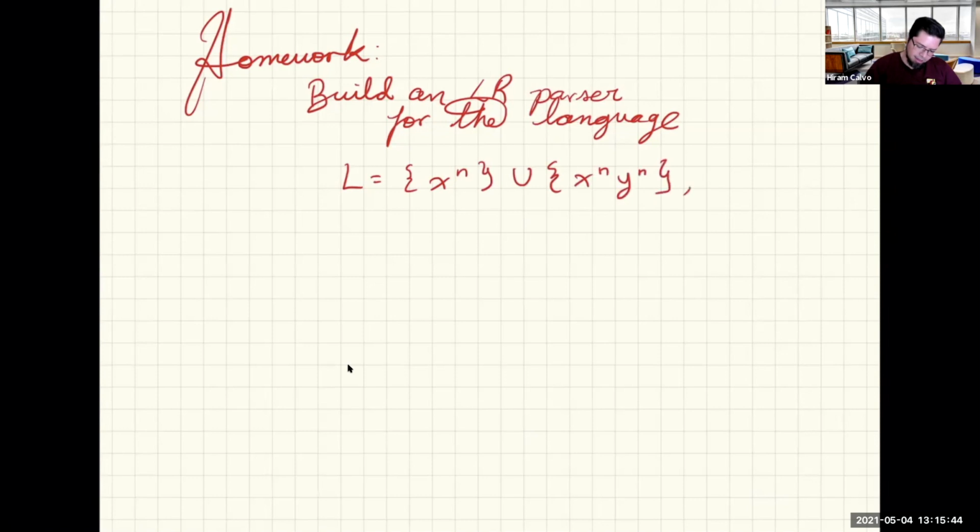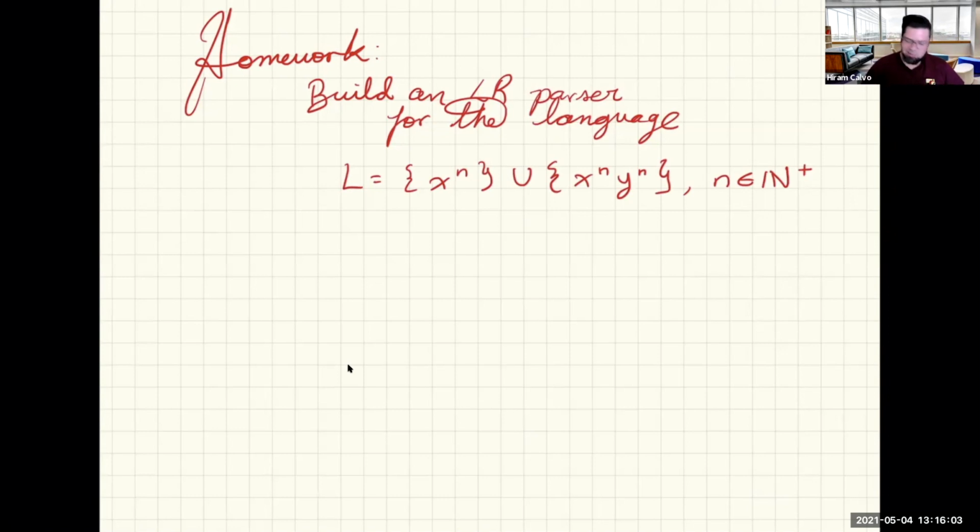And in this case, do not consider the empty string because it's easier. Otherwise, you will be struggling with the empty string as in the question of today. So let's avoid that.